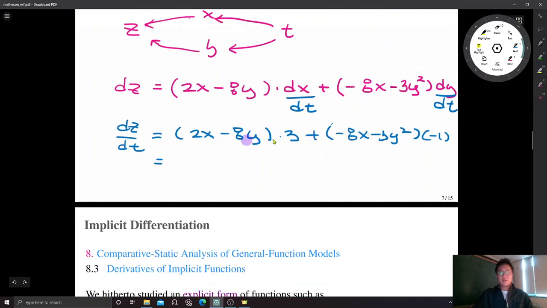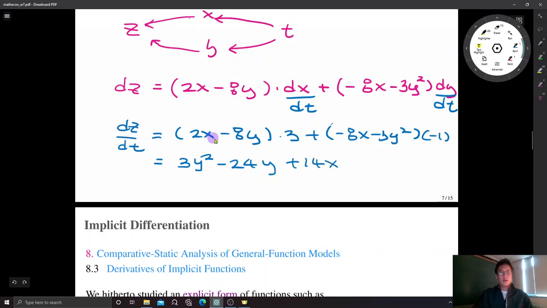So to arrange this expression, I obtain 3y squared minus 24y, okay? And I have a 6x from the first term, 2x times 3, and additionally negative 8x times -1, so plus 8x, so total 14x, okay?